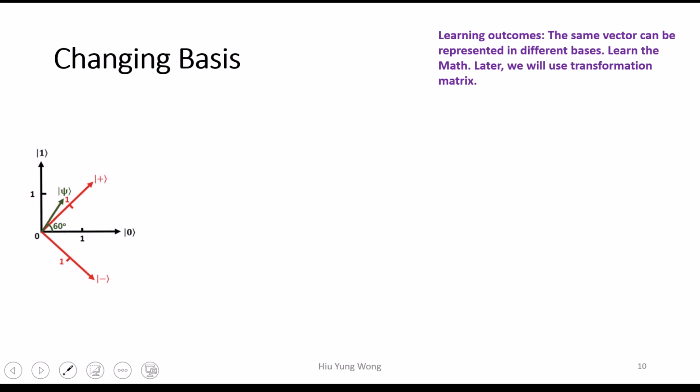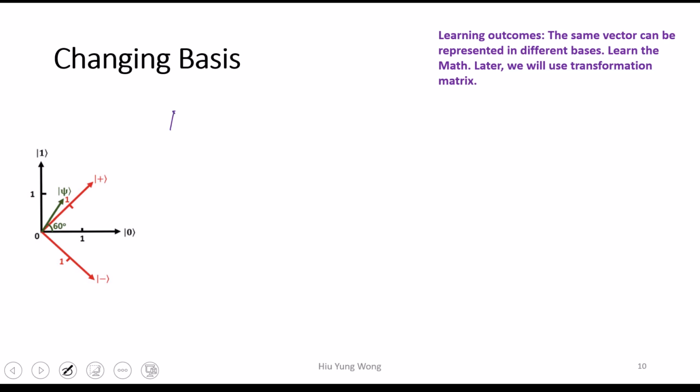So I could have just put x hat, y hat, and then put a corresponding 3D space vector for this basis, and not use psi, just use V arrow, like what we did in high school algebra. But I put this just to show that they are equivalent. The name doesn't matter. And more importantly, I want you to get used to this ket notation. But the concept is the same, right? So let's start with this.